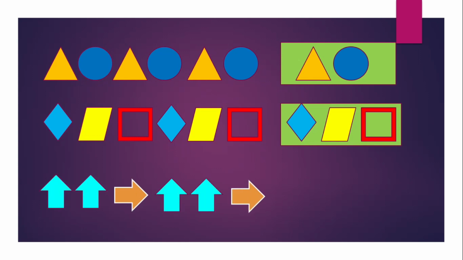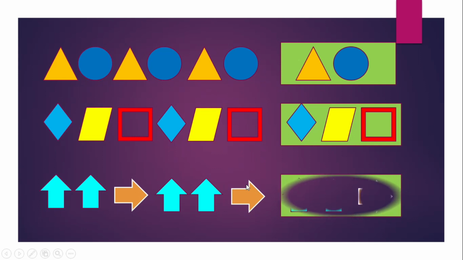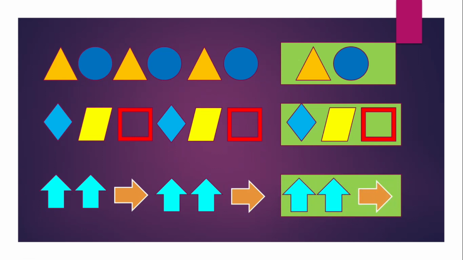And in the next one we have two arrows, straight pointing upwards, then the arrow pointing sideways to the right, then again two arrows and then one arrow to the side. So what will be the next three arrows? Yeah. So here you can identify easily what repetition of shape is going on.